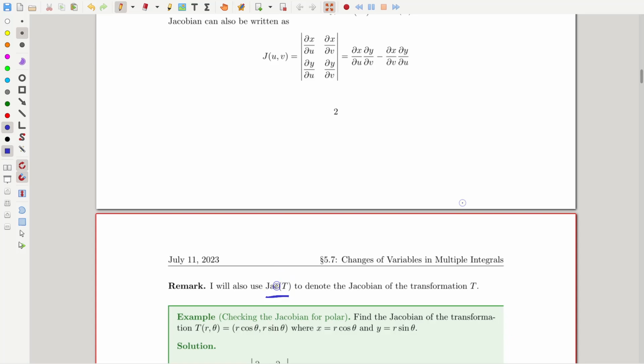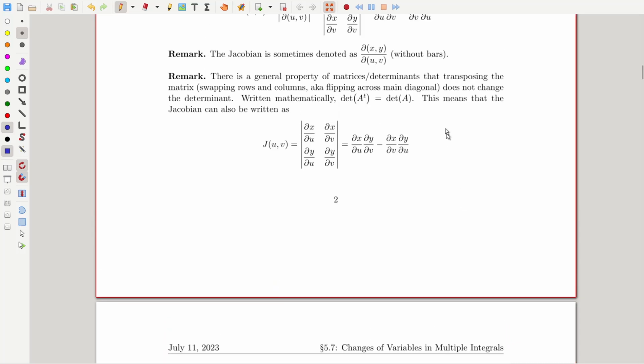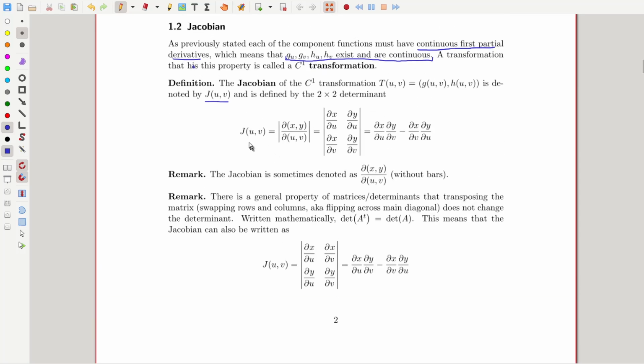This is the Jacobian of the transformation T, whereas here we're thinking of it as a function of two variables, u and v, which it certainly can be, because this ends up being expressed as partial derivatives.